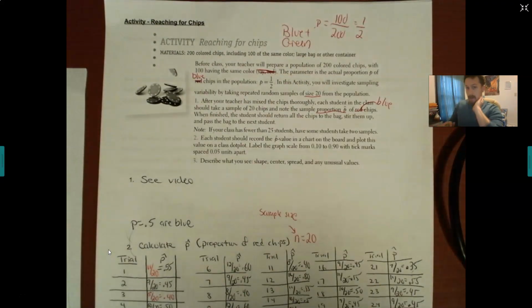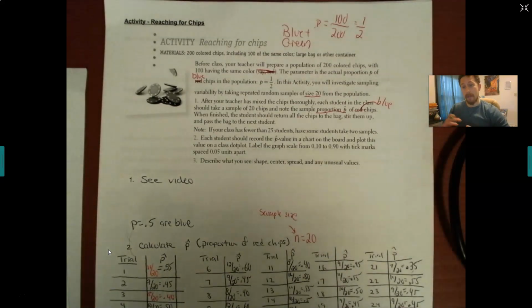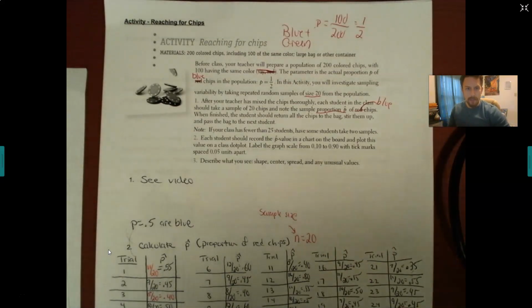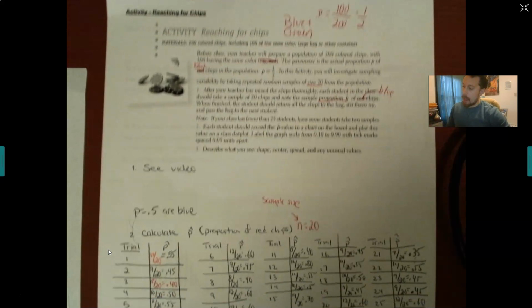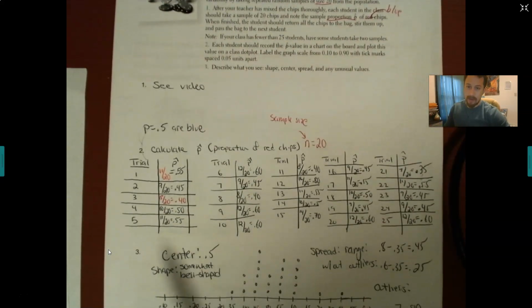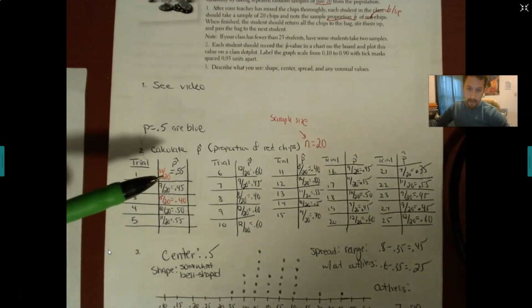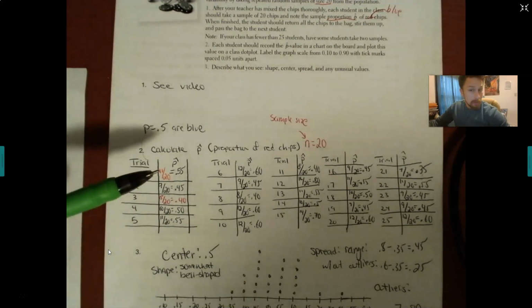So we looked at that through an activity where I had 200 chips. So the population size was 200. And then I would take samples of 20. The sample size was 20. And I knew in my population that half the chips were blue and the other half were green. And when I picked 20 chips from that bag, I calculated which percent were blue.